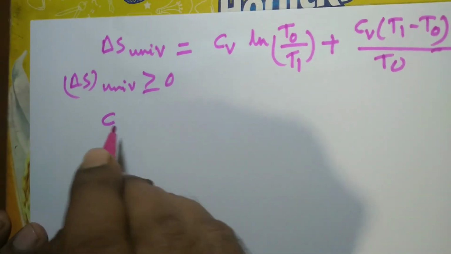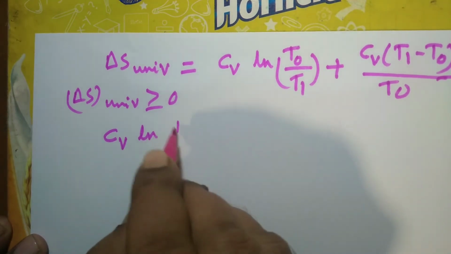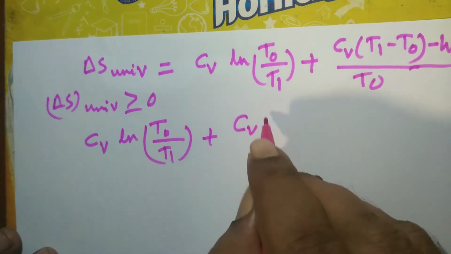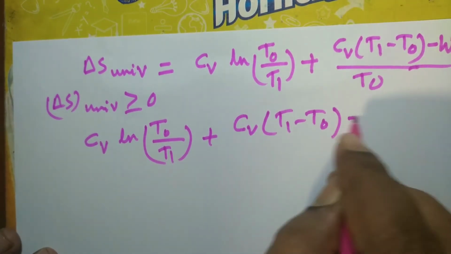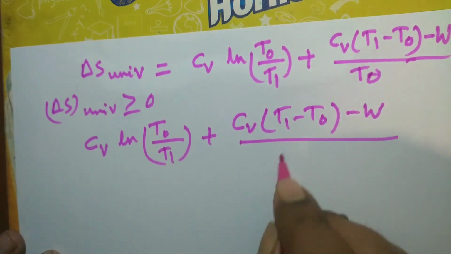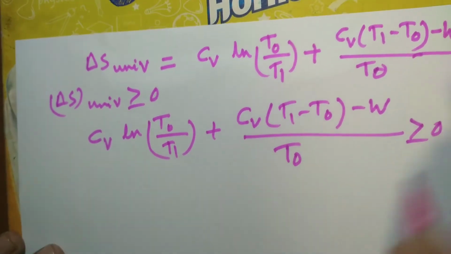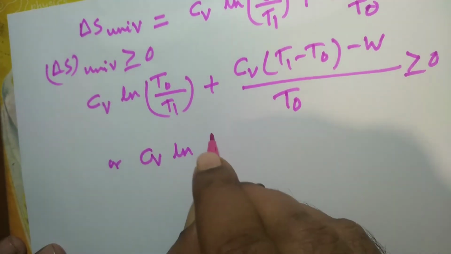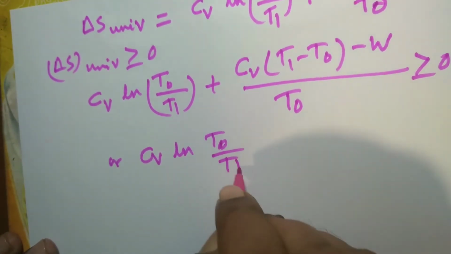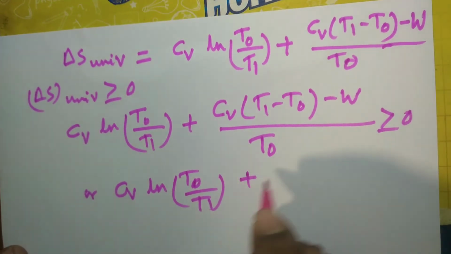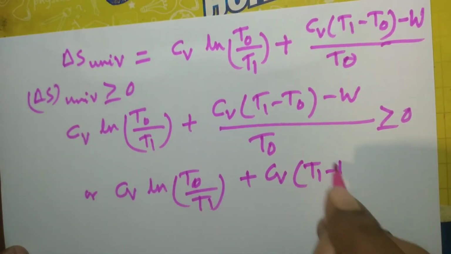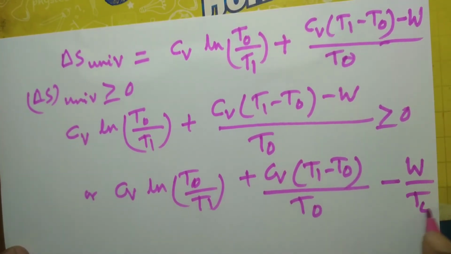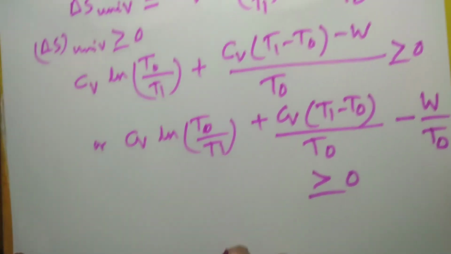So I can write Cv ln T0 by T1 plus Cv (T1 minus T0) minus W by T0 is greater than or equal to 0, or Cv ln T0 by T1 plus Cv (T1 minus T0) divided by T0 minus W by T0 is greater than or equal to 0.